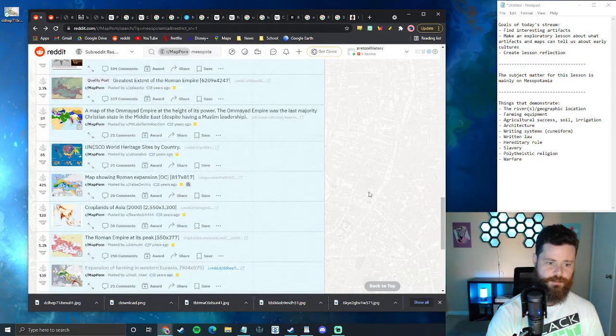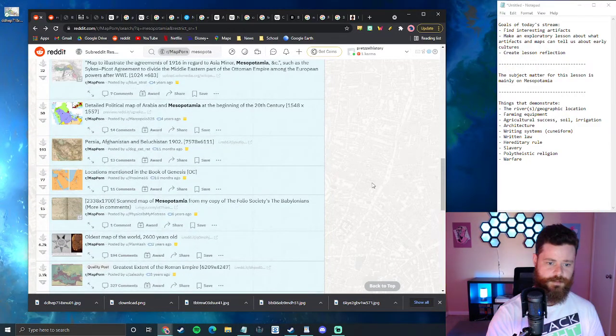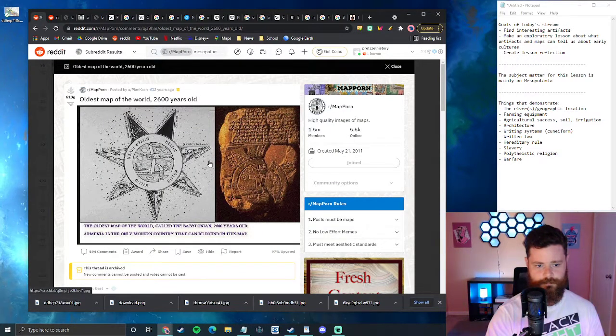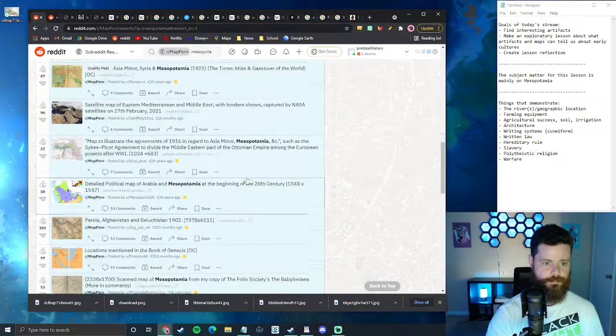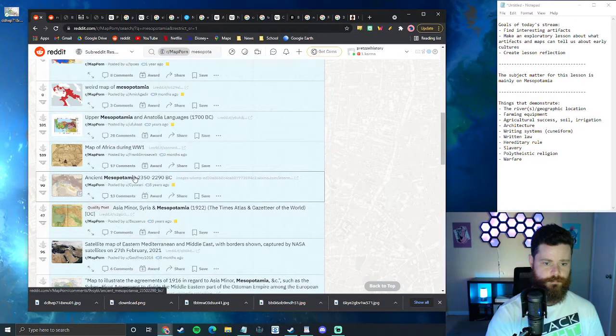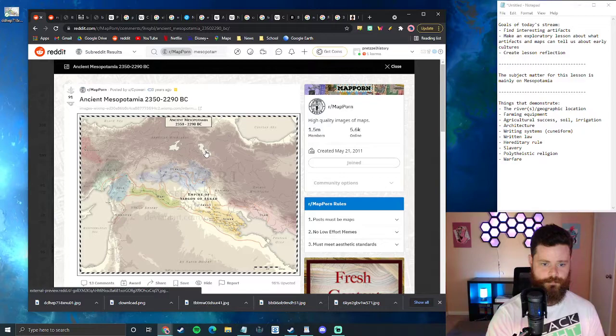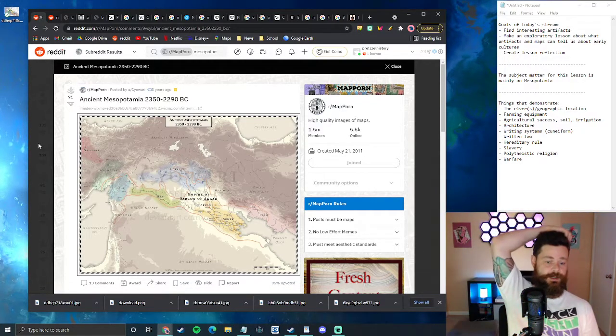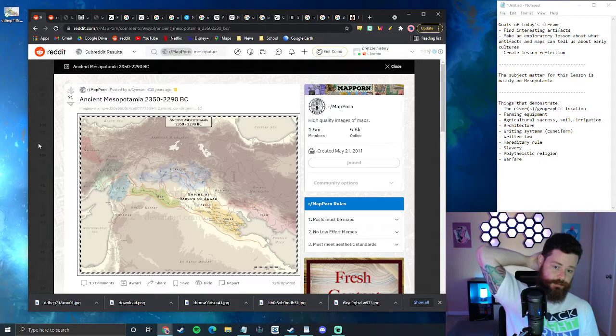Let's see if there are any other good maps here that we could use. So I really like maps like these, but not for teaching.